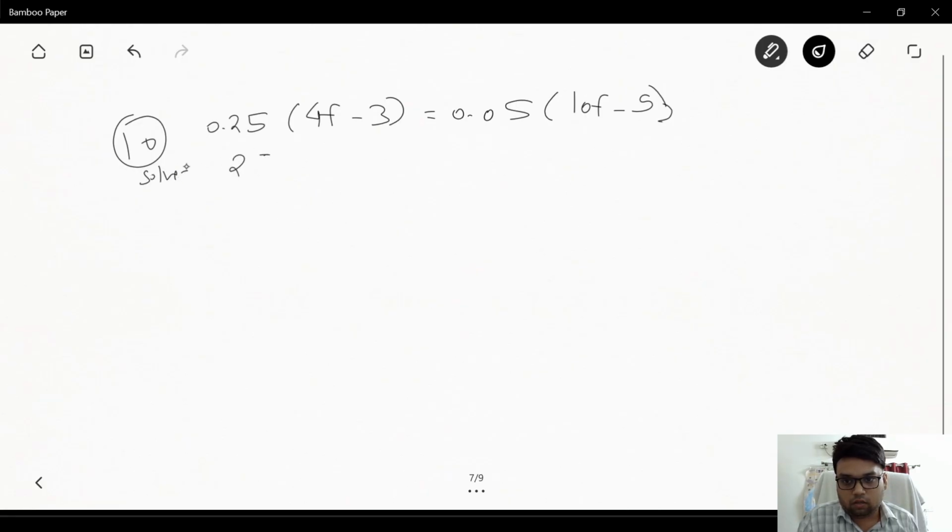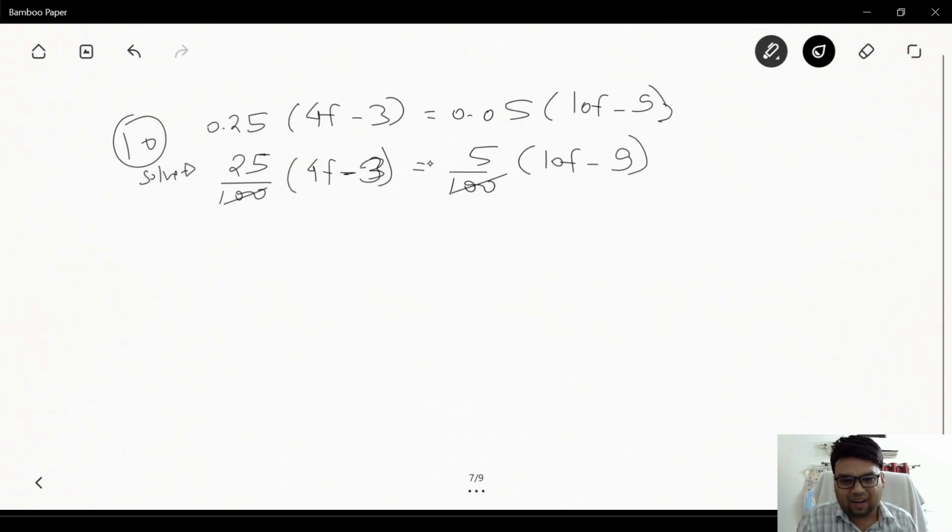We can write 0.25 as 25 upon 100, into (4f minus 3), is equal to 5 upon 100 into (10f minus 9). Here the 100 and 100 are cut down. 5 ones are 5, 5 fives are 25. So 5 into (4f minus 3) is equal to 10f minus 9.